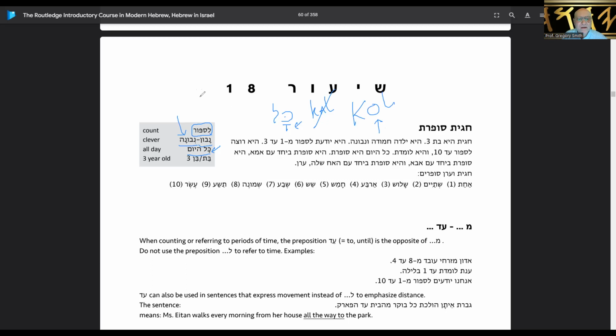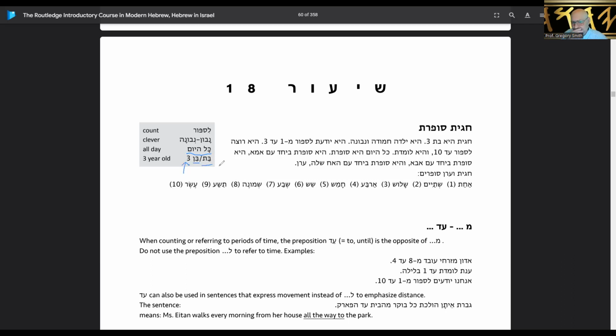So it's kol hayom, all the day. You see that? Kametz katan. Okay, so we have kol hayom, all day, and then bat shalosh and ben shalosh.